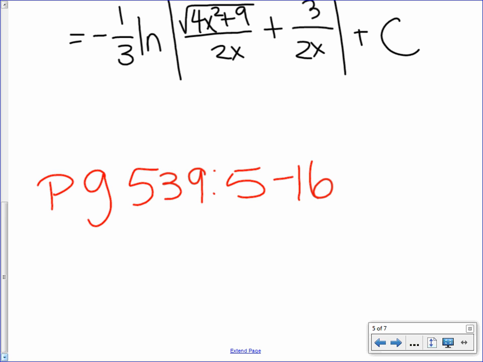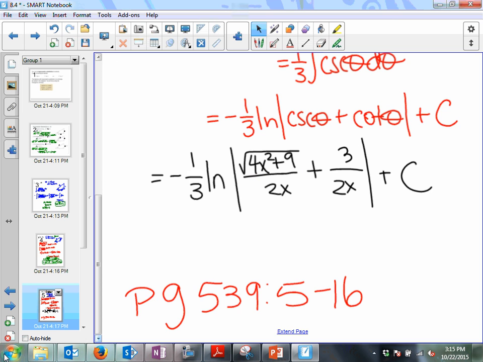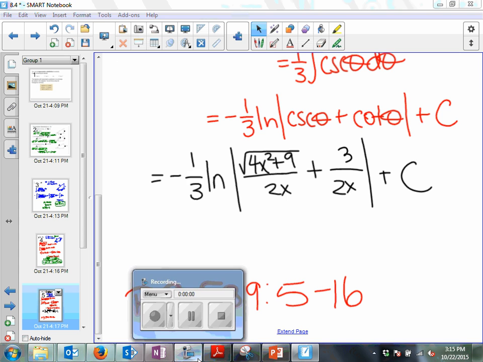Let me get my book. It's buried here. Page 533 are all the triangles. Did you hear me, Andrew? Yeah. Okay.